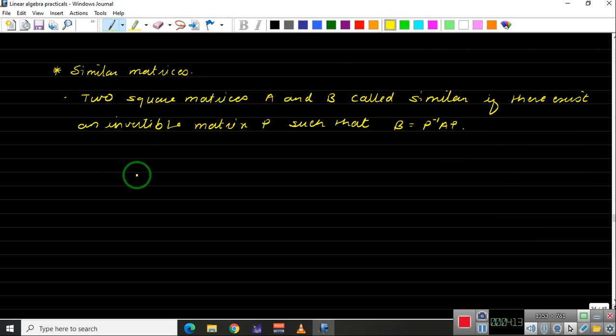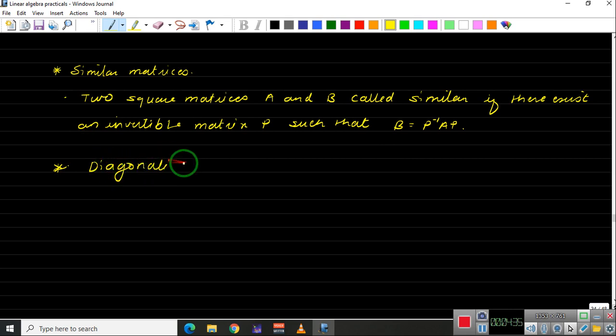Alright, so two square matrices A and B are called similar if there exists an invertible matrix P such that B can be written as P inverse AP. So now we will give our definition of a diagonalizable matrix.